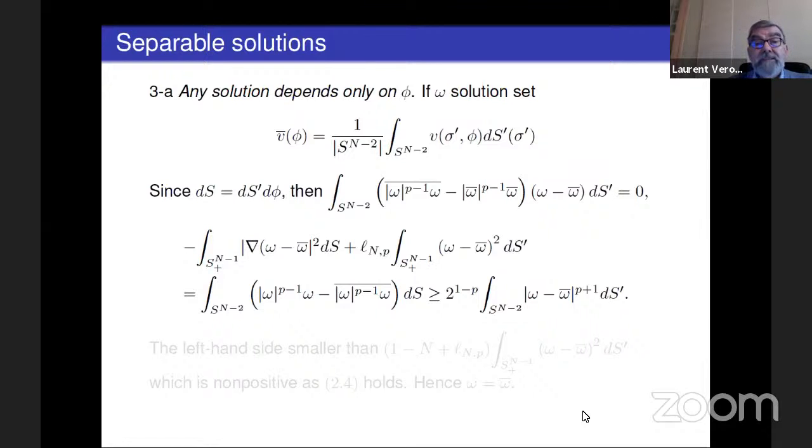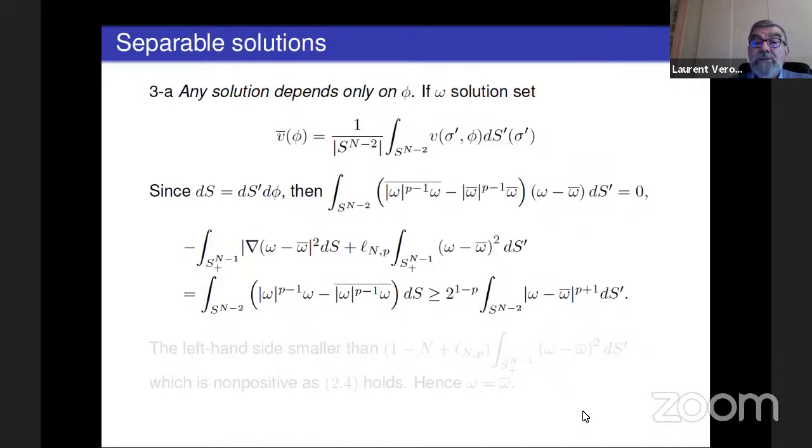How do we prove that? We take the average with respect to the variable in S^{n-2}. It's a function which only depends on phi. I take this average and it defines this omega bar of phi. Now the measure on S^{n-1} is ds' d phi.